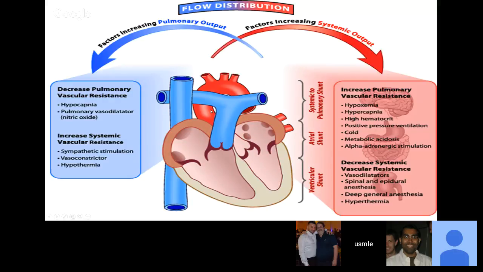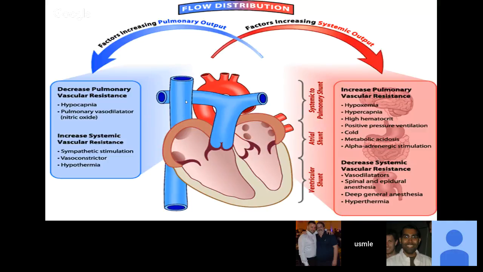If you have a decrease of pulmonary vascular resistance, it means you have volume but not much movement. So you're going to have hypocapnia, and you have pulmonary vasodilation. And the pulmonary vasodilation will be caused by nitric oxide.